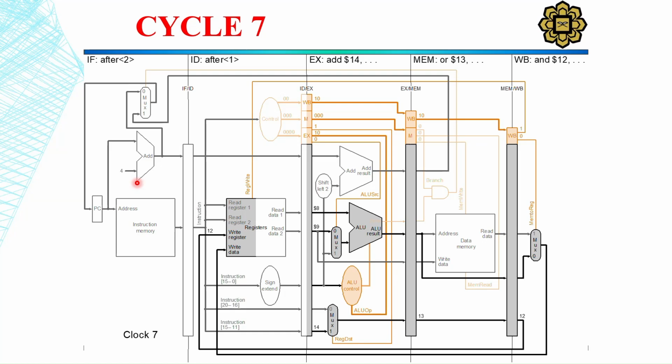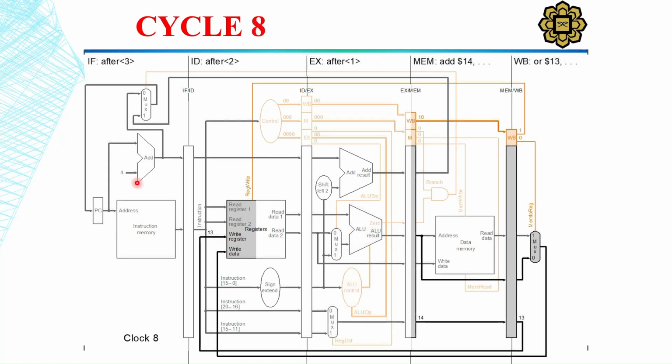Like this, if we move to the next cycle, you can again see that it will complete the third instruction, so the fourth and fifth will be here, and it will be clearing the slots for the next instructions.